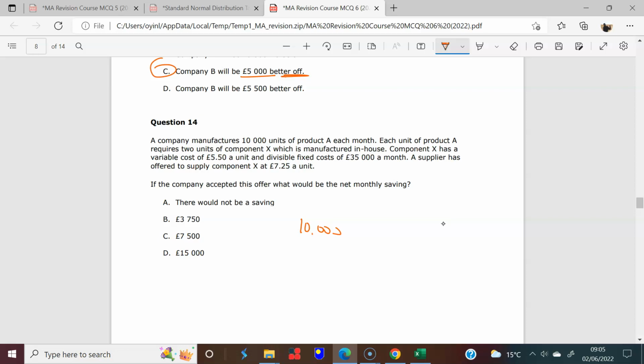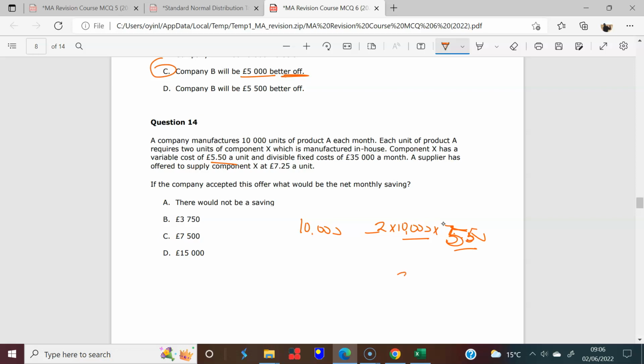We need 2 units of X to make this. Component X has a variable cost of £5.50. We need 2 of them. So 2 times £5.50, and in making 10,000 units, in effect, that's what we have.